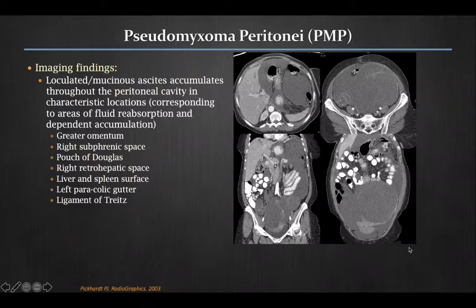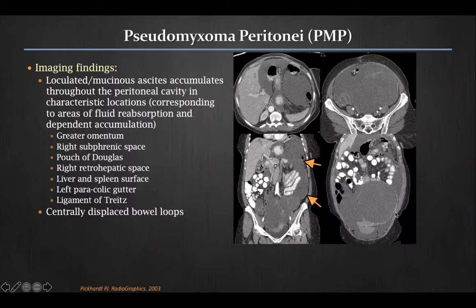So the imaging findings are this sort of characteristic accumulation of mucinous or loculated ascites, usually in typical locations that either correspond to fluid reabsorption or a dependent fluid accumulation, which I've listed here. Another finding that is a clue that this is not simple ascites is that there is actual mass effect upon the intra-abdominal structures. So one of the classic signs is that you see displacement of the bowel loops toward the center, indicating that this fluid is more than just simple fluid and doesn't intersperse between the bowel loops.